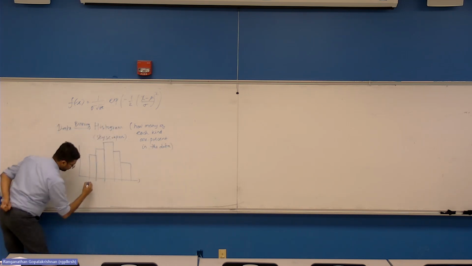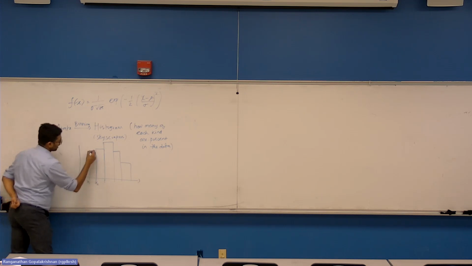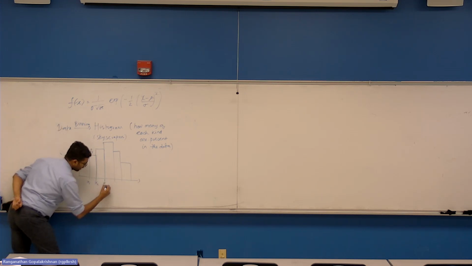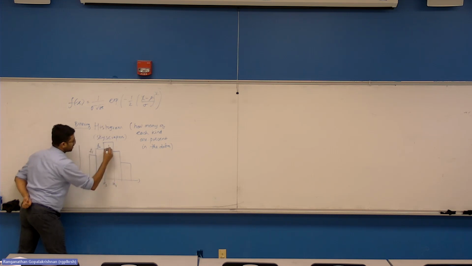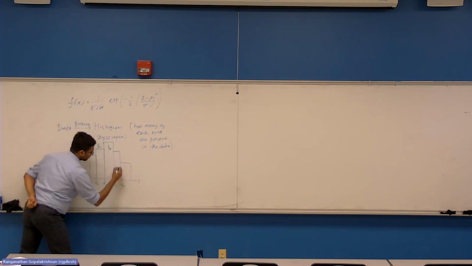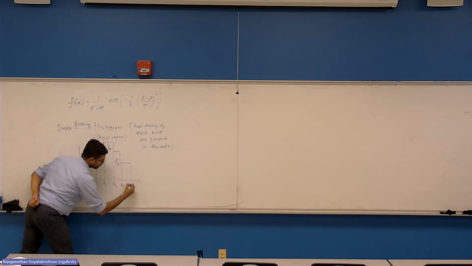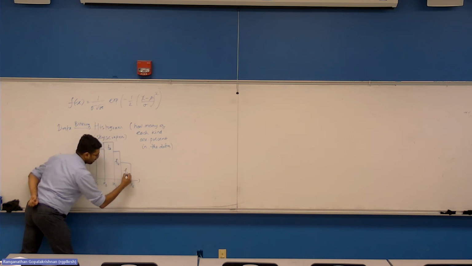So we'll say that between x1 to x2, you have f1. Between x2 to x3, you have f2. Between x3 to x4, you have f3. x4 and x5, f4. x5 and x6, f5, and so on.